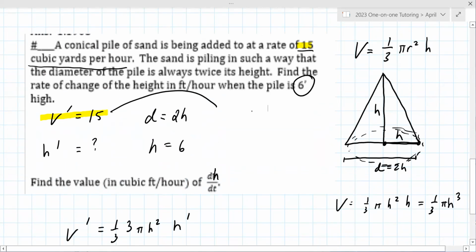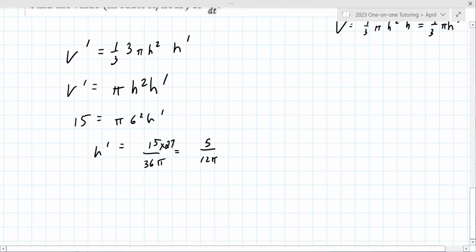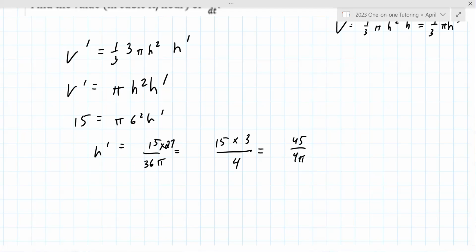So it's 15 yards cubed per hour times 1 yard is 3 feet. So we have to cube both of those. That's 15 times 27, and we put that here. The 27 and the 36 reduce by 9. So you get 15 times 3 over 4, which is 45 over 4 pi, which we're still not seeing.